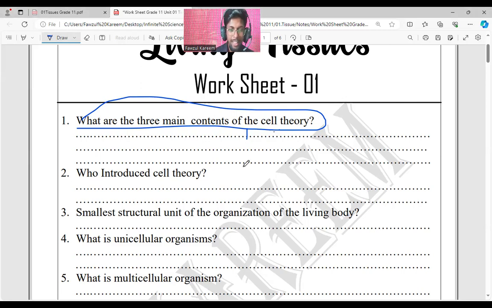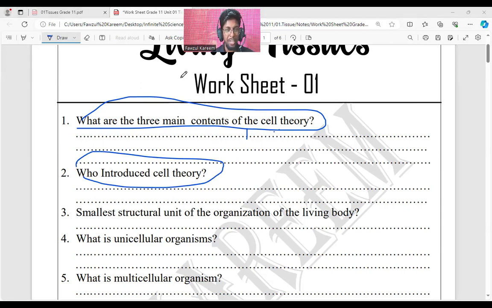Then, Swetha, Saloma, who introduced cell theory? Quick. Who introduced cell theory? Schleiden, Schwann, Rudolf Virchow. Very good.